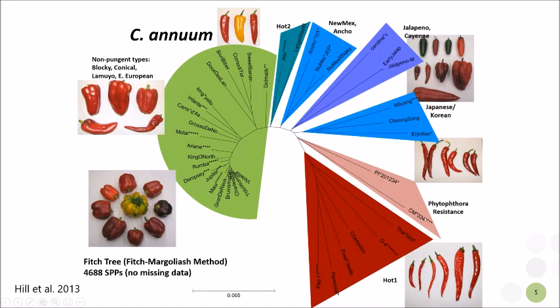Here we see CM334, but we already see that there's much more diversity also in the many different Chile types, and also in the green non-pungent type. So CM334 represents just a fraction of the diversity within annuum.